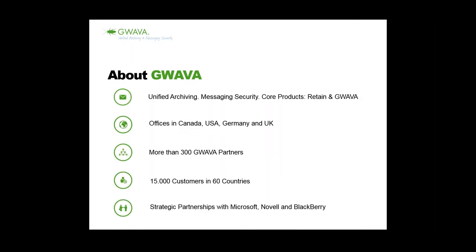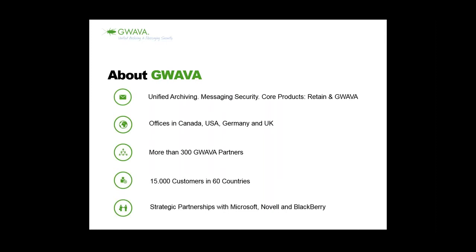And to understand a little bit better about Guava, we are a company whose headquarters is based in Montreal, Canada. We have offices in the US, in Germany and UK. Recently we have opened new offices in Australia and India, so we are really around the world.